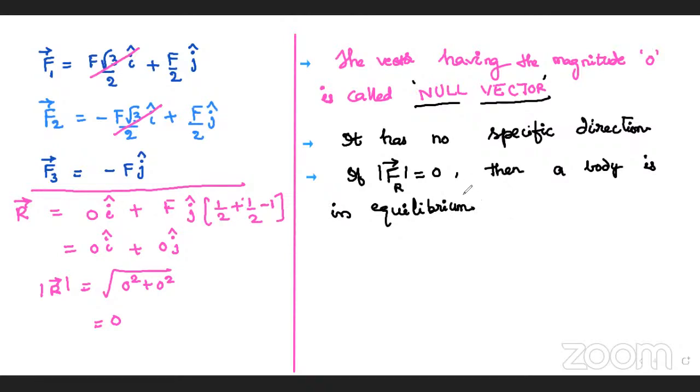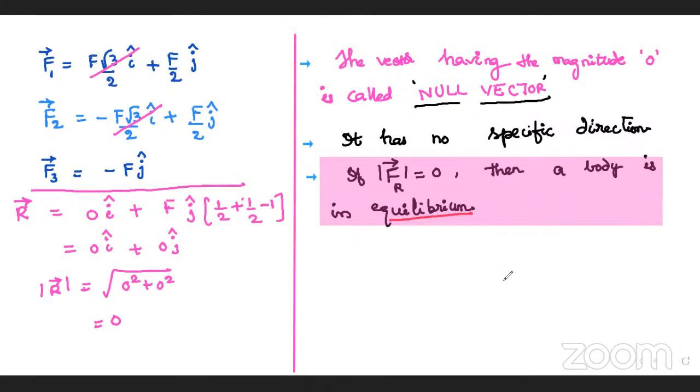So when you come to numericals, if you see this word equilibrium by the application of a number of vectors, from this concept you have to understand one point: in equilibrium, the resultant force is equal to 0, or the resultant of many vectors is 0.